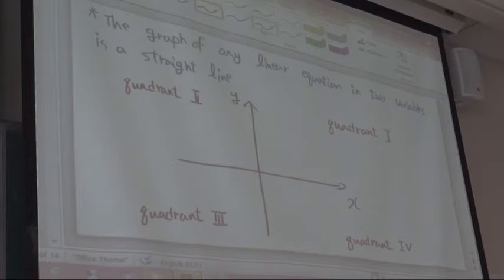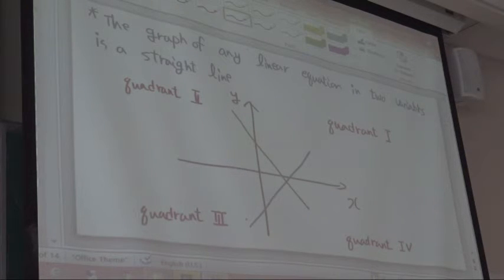And a typical line looks like this, or may look like that. That is a typical straight line. It is really straight. That is a linear equation. A typical line passes through more than one quadrant. The line does not stop at this point, it just goes continuously.